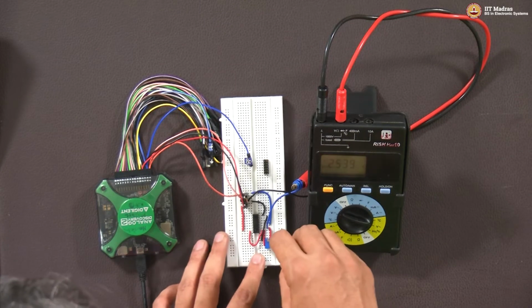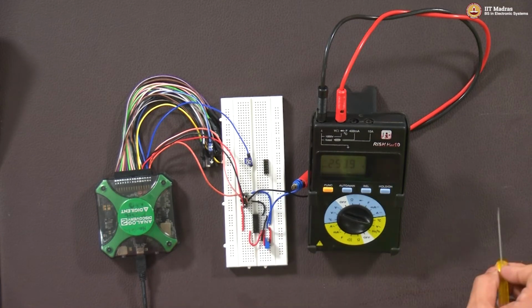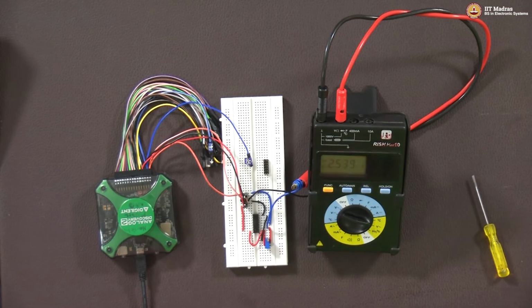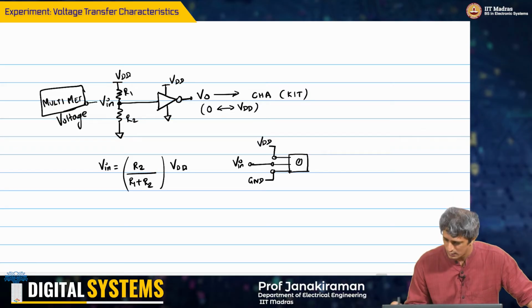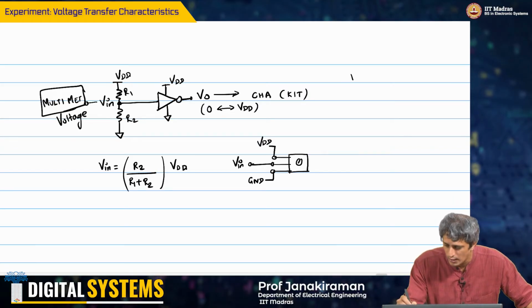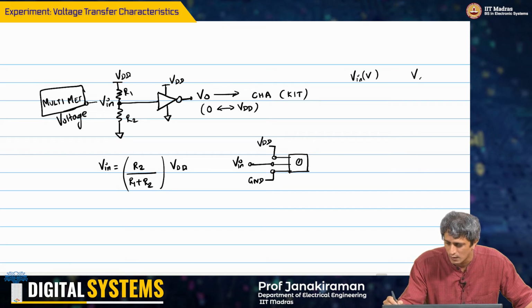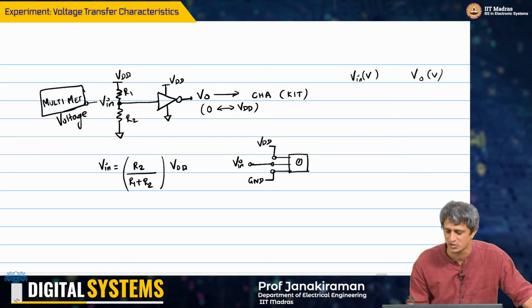So this is what I am going to do now, and maybe I will just make a note of this before I proceed any further. So I am looking at V out in volts as a function of V in, or maybe I should swap this, V in, V out, both in volts.